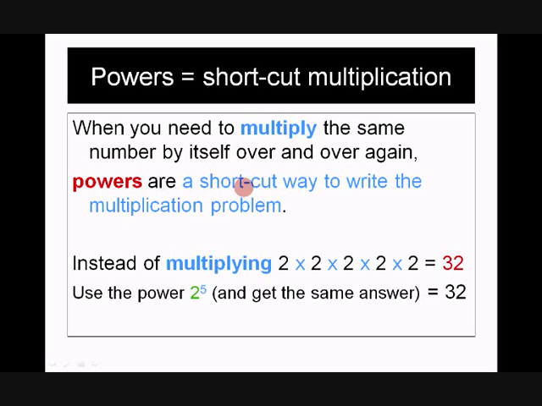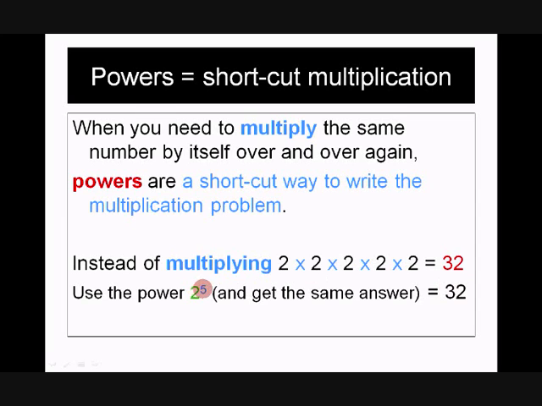That is, instead of multiplying 2 into 2 into 2 into 2 into 2, 5 times, which will give 32, multiplying 2 2s are 4, 4 2s are 8, 8 2s are 16, 16 2s are 32, how do we represent that? We use the power, right? We represent 2 to the power 5 and get the same answer, 32. Instead of doing it 5 times, we say 2 to the power 5.